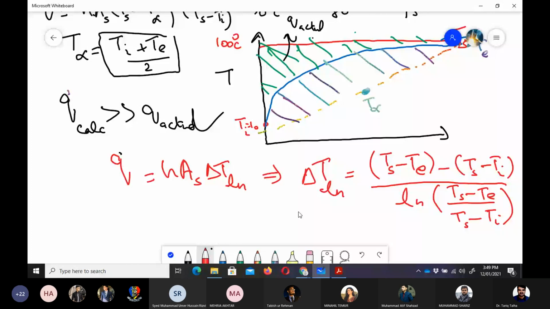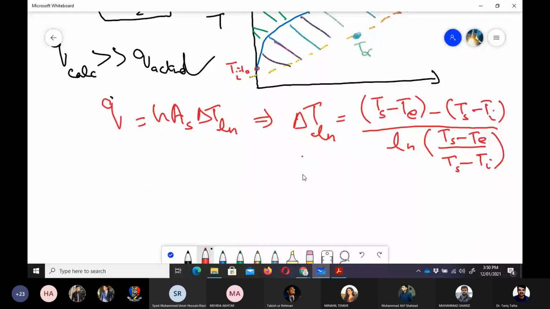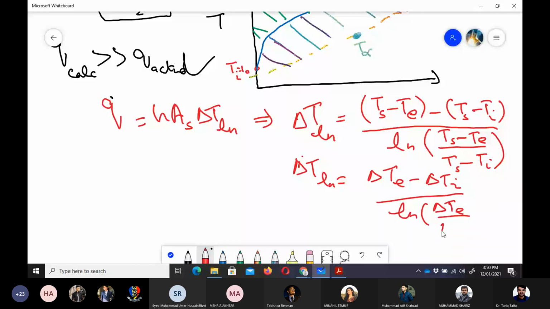It is quite easy to remember if I write it here: ΔTe minus ΔTi divided by log of ΔTe divided by ΔTi. ΔTe is equal to Ts minus Te, and ΔTi is equal to Ts minus Ti. So we would go towards the derivation of this maybe in next week's lecture.